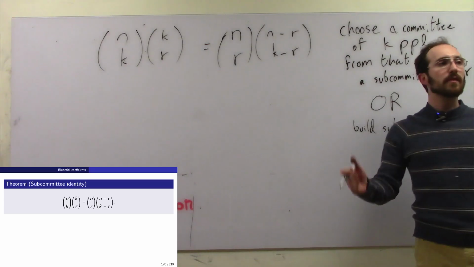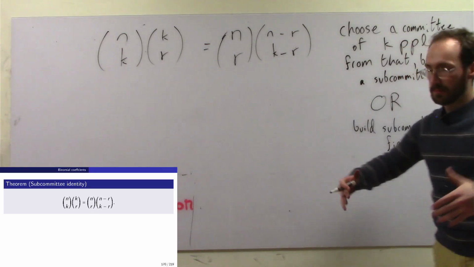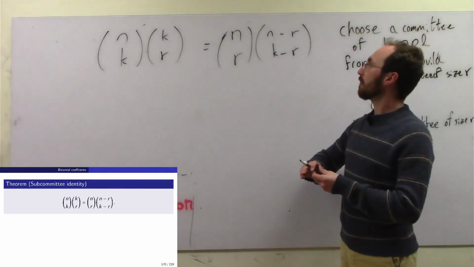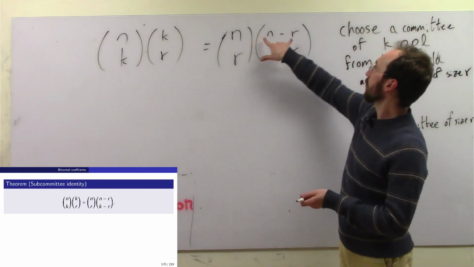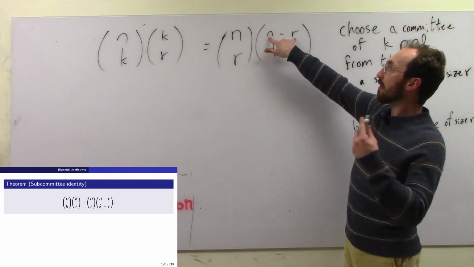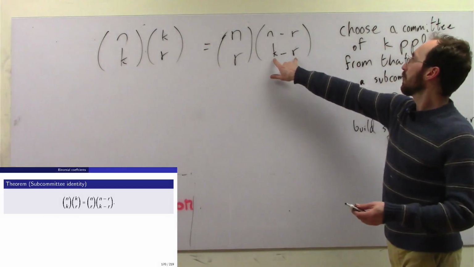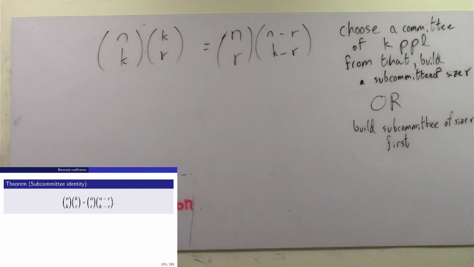And we've built the subcommittee, and we now want to build a committee around it. How many people can we choose from? Well, we picked r from n, so we have n minus r people remaining, and we wanted a committee of size k, so we're now going to choose k minus r people to fill out our committee.